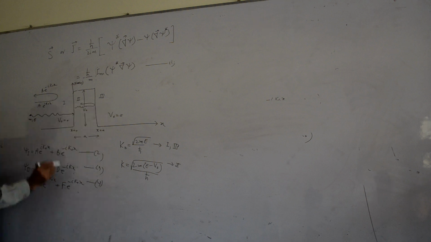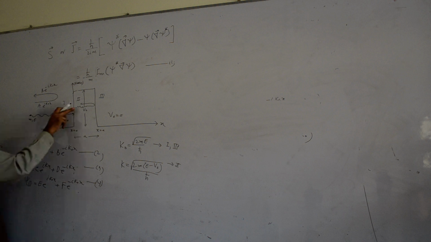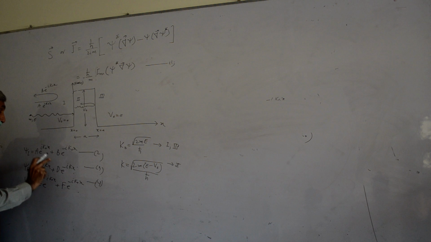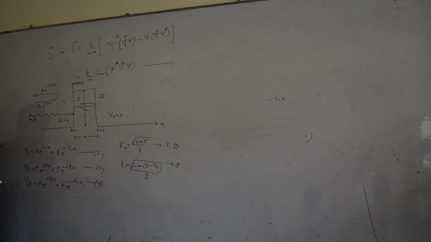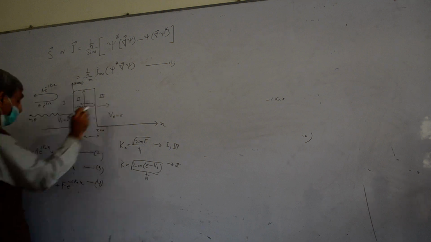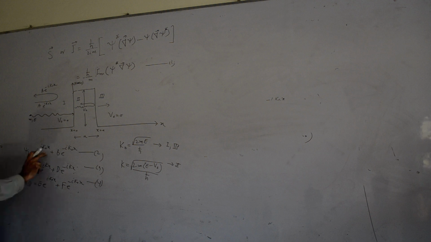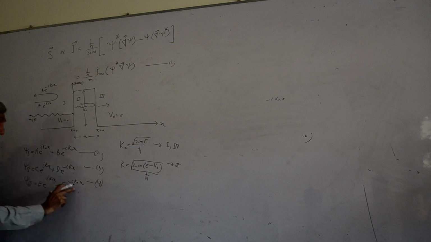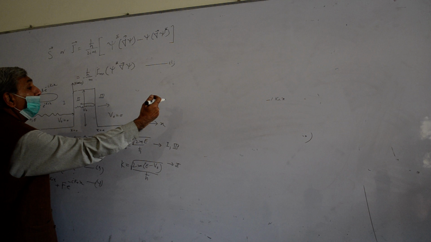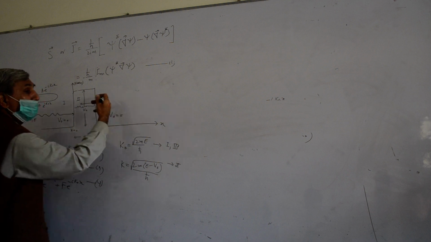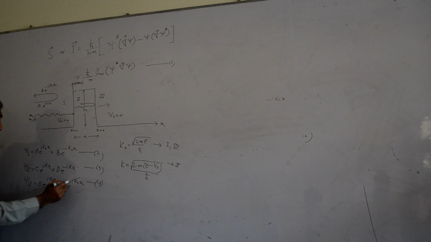This is wave which has been transmitted out of this here, and this is the wave which has been reflected from this boundary, and this is the wave which has been transmitted into third region with the same wave number as this, because there is no potential again. And this is reflection from that, or are there any particle which incident from this side? No. So this is physically not possible.